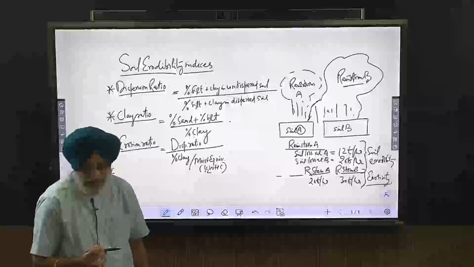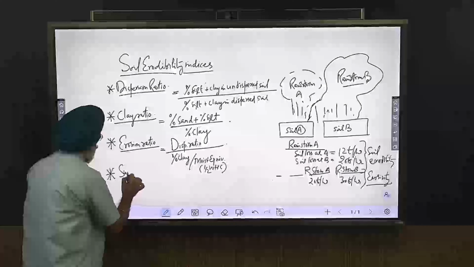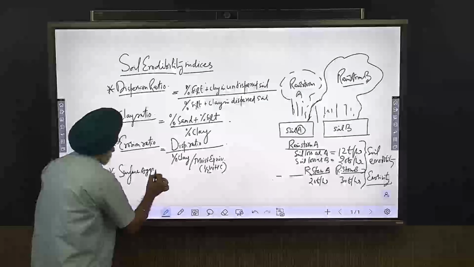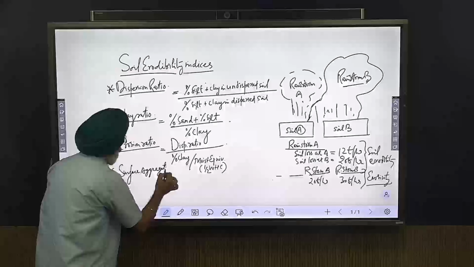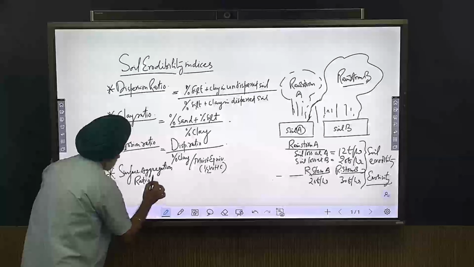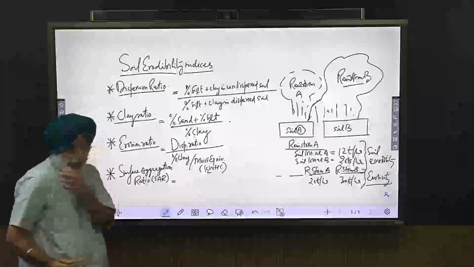Next is surface aggregation ratio, what you call SAR.